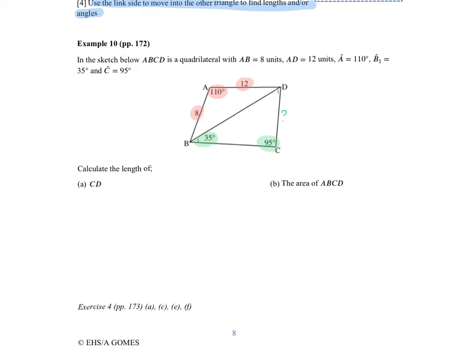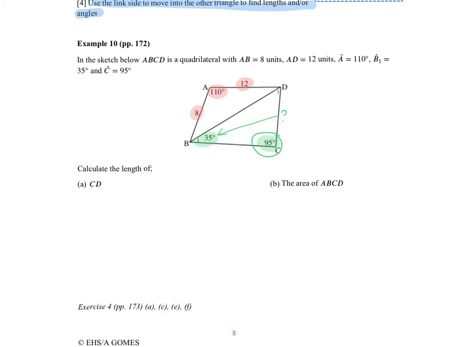So we're first looking for that side. So in order to work out the length of a non-right angled triangle, you need to think, okay, what do I have? I've got the angle opposite, and I've got this angle. I could work out D1 because I have two angles of the green triangle. Let's make this green. So then I could work out the third using angles of a triangle.